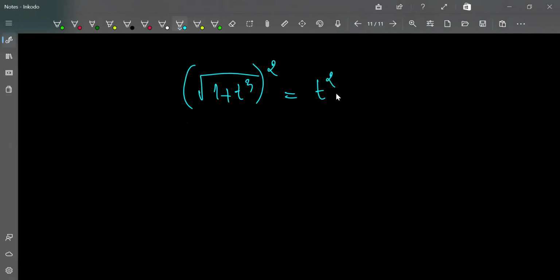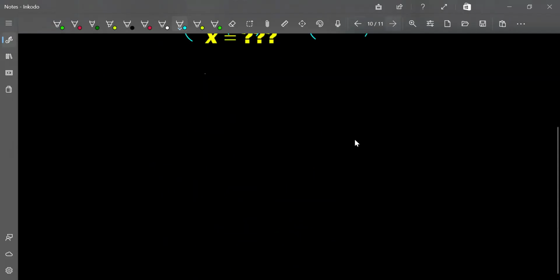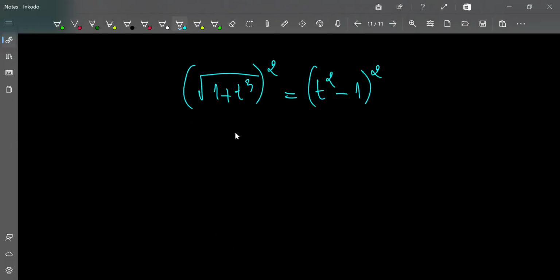So now we can write it as the square root of 1 plus t cubed, squared, equal to t squared minus 1, squared. Okay? Is that right? Yes. And then we can simplify it again to 1 plus t cubed equal to this binomial expression, so we can expand it.